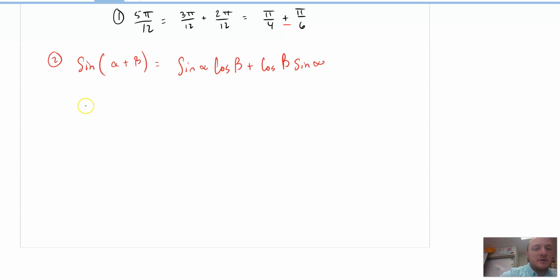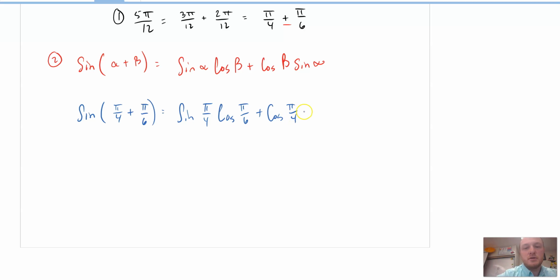So this is going to be sine of pi fourths plus pi 6. So sine of pi fourths times cosine of pi 6 plus cosine of pi fourths times sine of pi over 6.